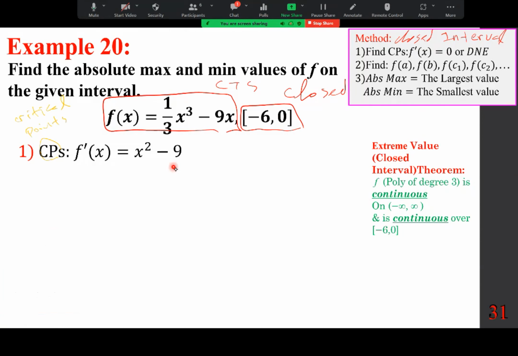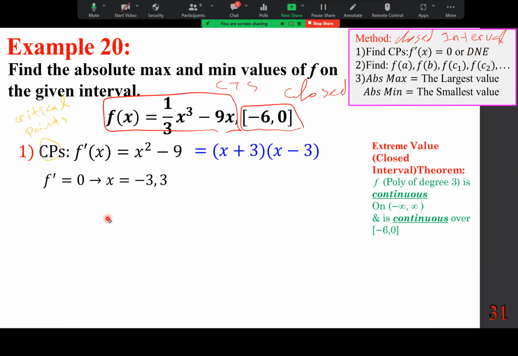All right, so set this equal to 0: x plus 3, x minus 3, set equal to 0. x is either negative 3 or positive 3. Where f prime doesn't exist, there is no solution.